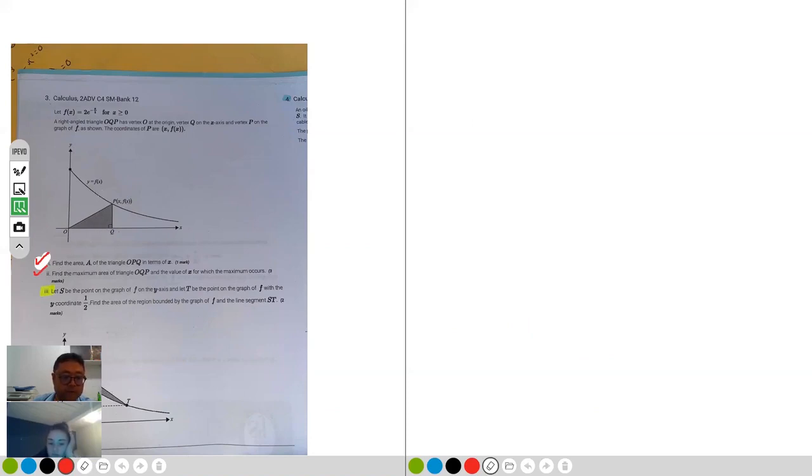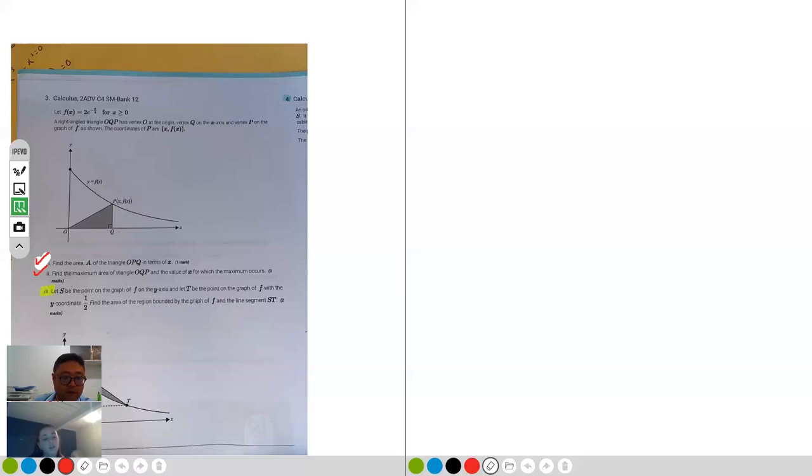First things first, right? This ST, being a straight line, can you tell me how to find the area? Let's call this point here A. Can you tell me how to find the area of STA?